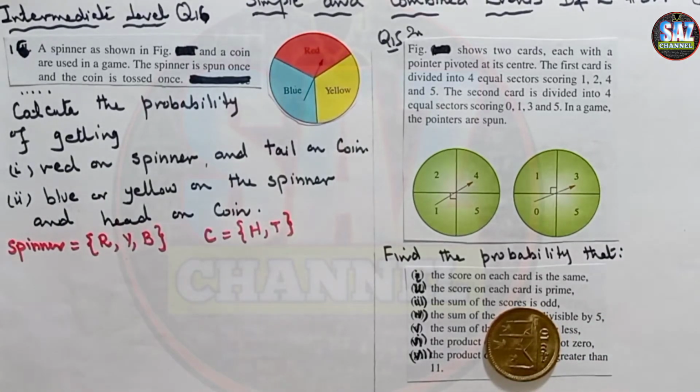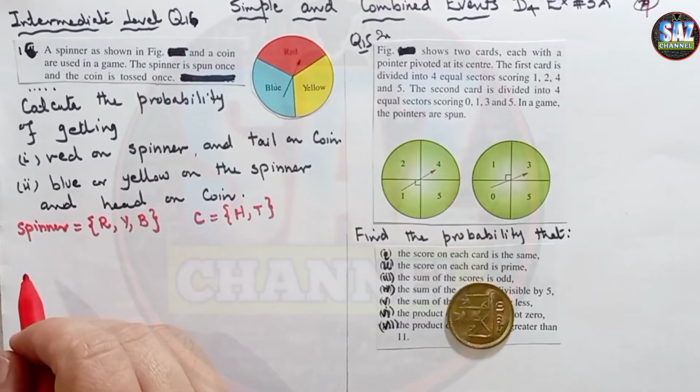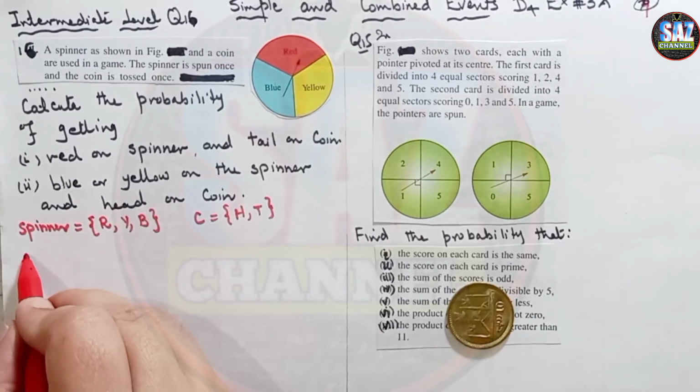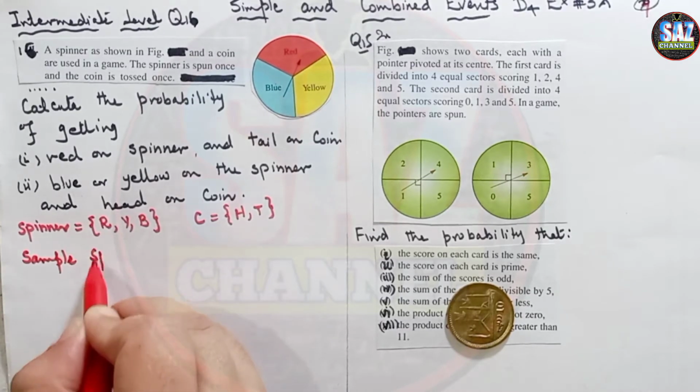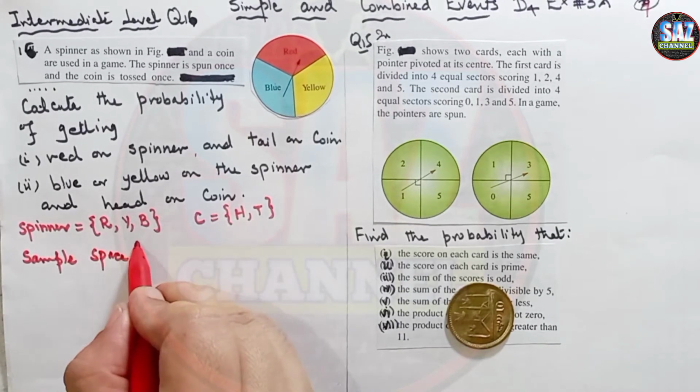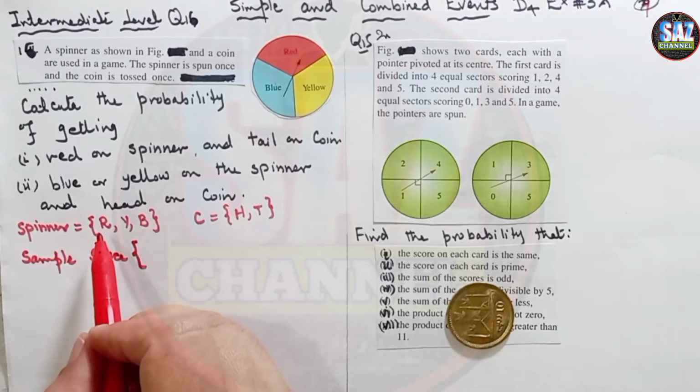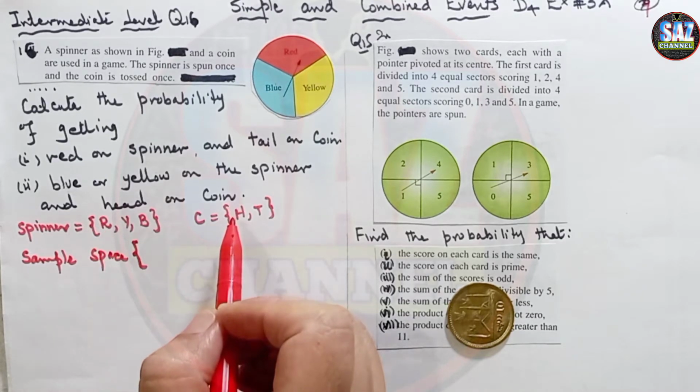The question is not asking us to construct the sample space, tree diagram or possibility diagram, so we can go with our own choice, whichever is convenient. This time we are going with a sample space. First I spin the spinner and then I toss the coin.